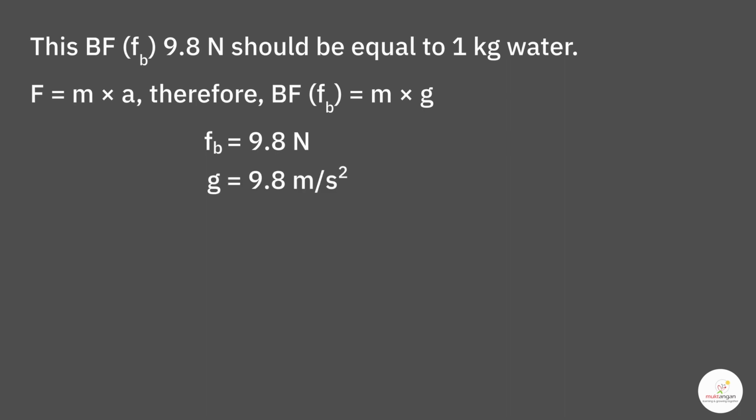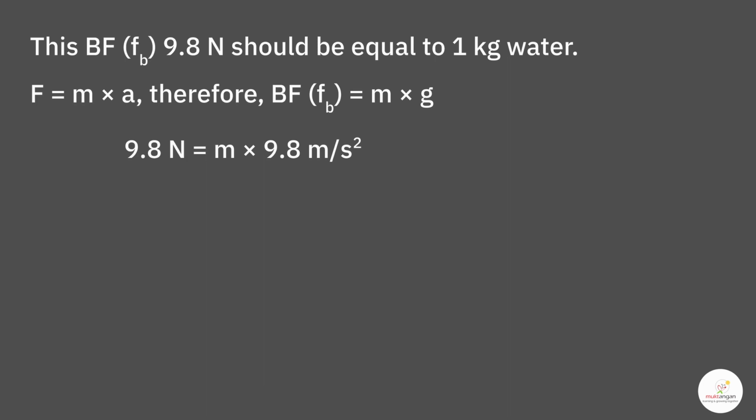g is 9.8 meter per second square, that we already know is a constant value, and m is what we want to find out. So if we plug in all this information in F is equal to mg, we get 9.8 N equals m times 9.8 meter per second square.